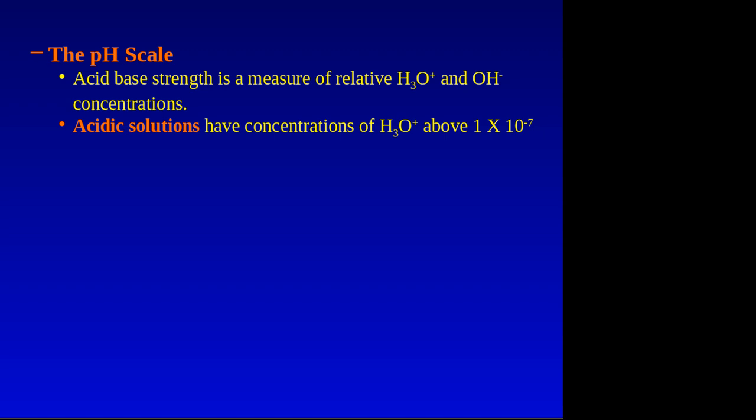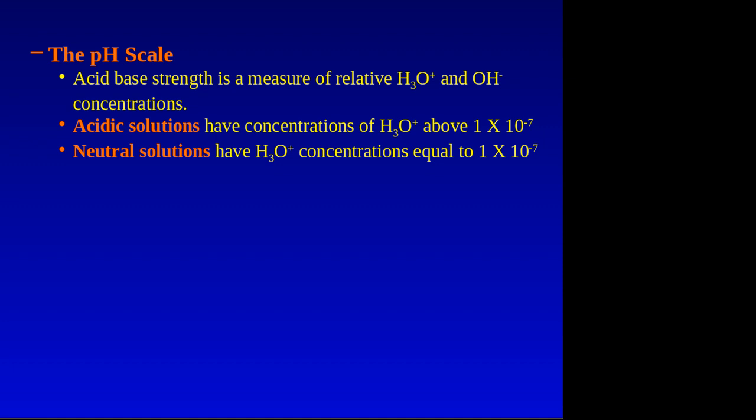Notice the 10 to the negative 7. The negative 7 is really important here. Neutral solutions have concentrations about 10 to the negative 7. Again, note the negative 7. That's the important number. Basic solutions are less than 10 to the negative 7.